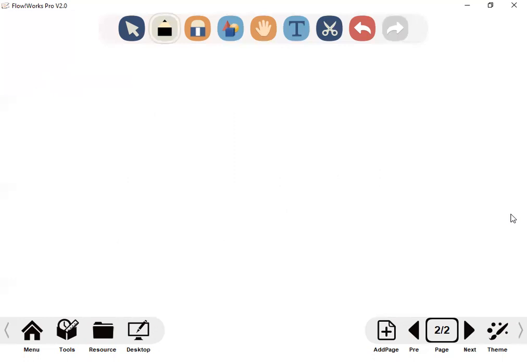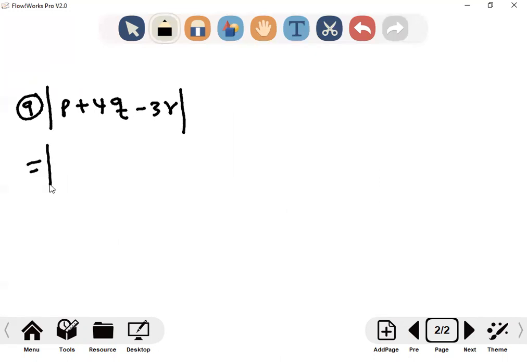Question 9, we have the absolute value of p plus 4q plus or minus 3r. This is equal to p, which is 2, plus 4 times q, which is -6, minus 3 times r, which is 5, right?